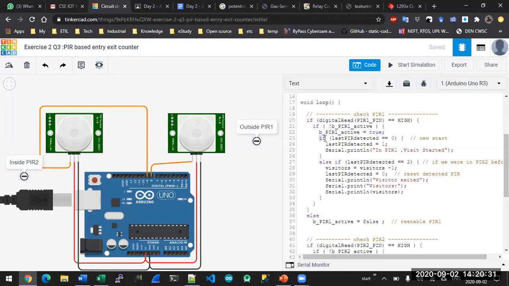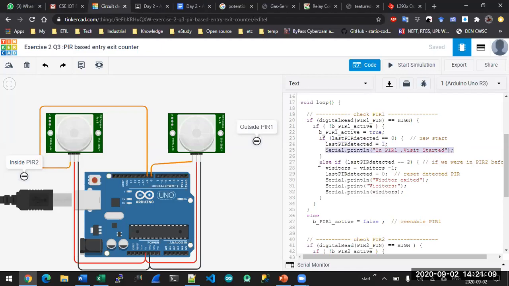So we are checking if lastPIRdetected equals 0. 0 means it is the initial condition, meaning no PIR was active previously. For the initial condition, we now make lastPIRdetected equal to 1. That means initially there was no person, and now the first person has just started from the outside. And we have printed PIR1 and visit started.